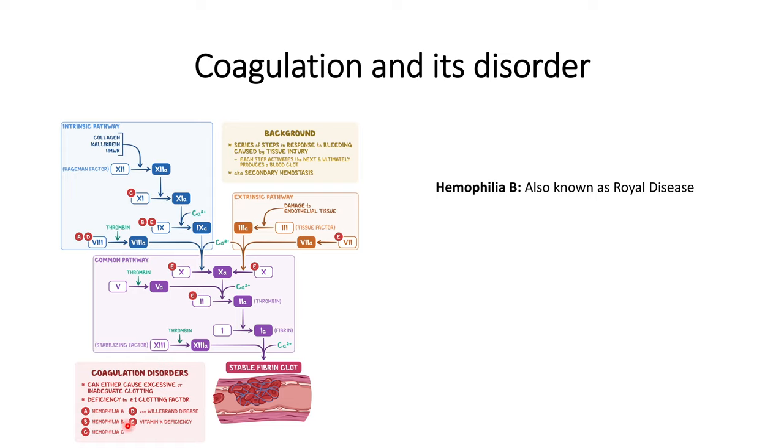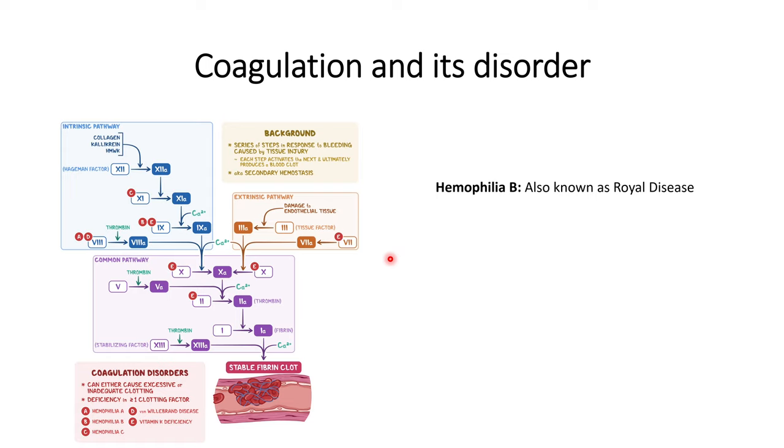Another disorder is hemophilia C. Hemophilia C usually occurs during the absence of factor 11, and von Willebrand disease is observed because of the absence of factor 8. The vitamin K deficiency will affect many factors, that is factor 7, 10, 2, and 9. All these factors get affected because of vitamin K deficiency.